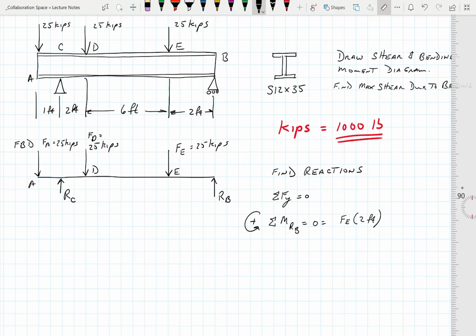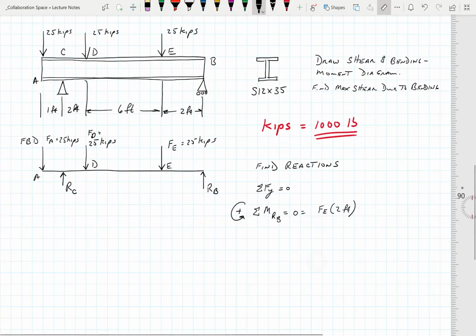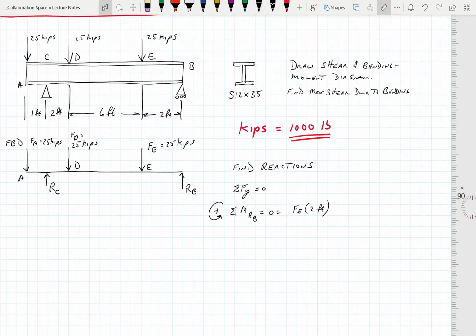Like so. Yes? Actually, I kind of like that one. Why? This first force goes positive, right? Okay. All right. Then moving to the next one. So that's that one. Plus FD. But now we're 6 feet, 2 feet, we're 8 feet. Okay. Then we're RC.